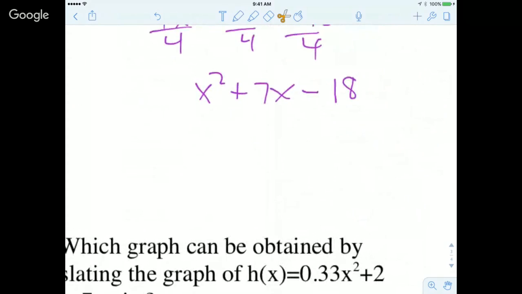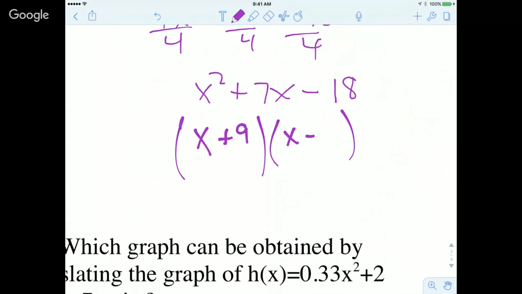So we factor the expression. What multiplies to give me negative 18? x plus 9, x minus 2 equals 0, x equals negative 9, and x equals positive 2. Okay, here's where common sense has to come into play.